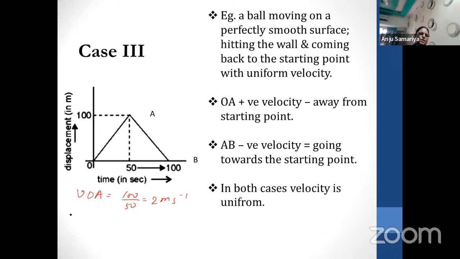What is the velocity along AB? It is 0 minus 100 upon 50, so minus 2 m s^-1. This is how we get the negative velocity.